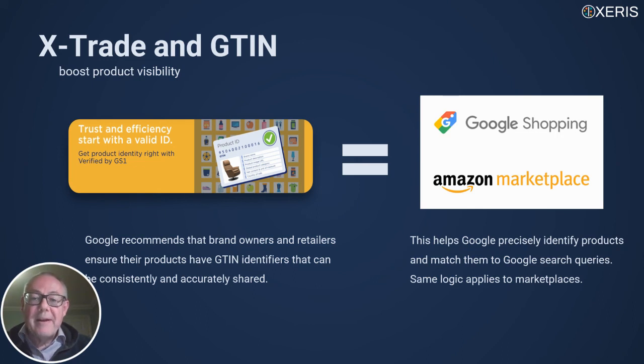And Google will rank your image higher than a competitor's if it has a GTIN number on it and a clear product description. So using Xtrade, combining with GTIN, can actually increase your product ranking in search terms on these search engines, potentially leading to more conversion, more sales.